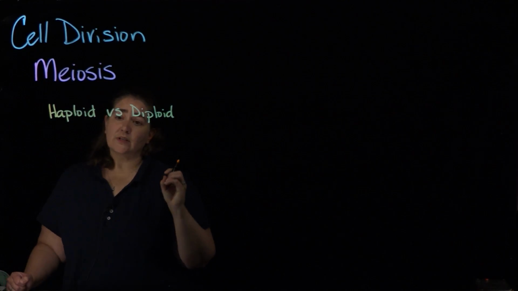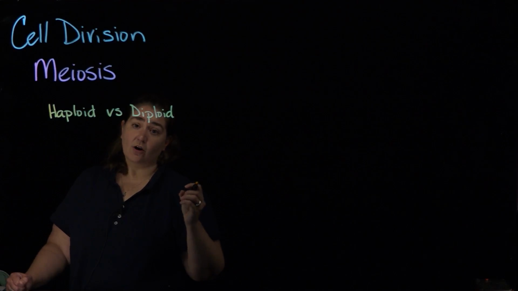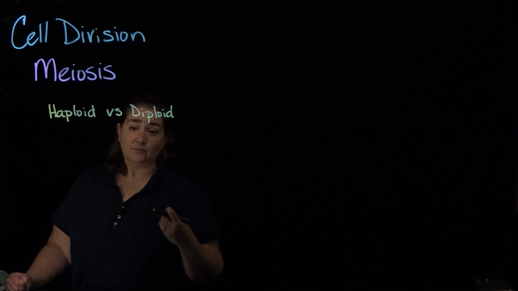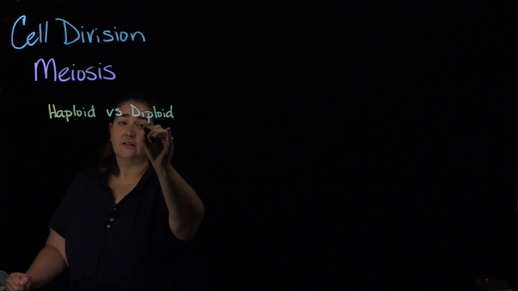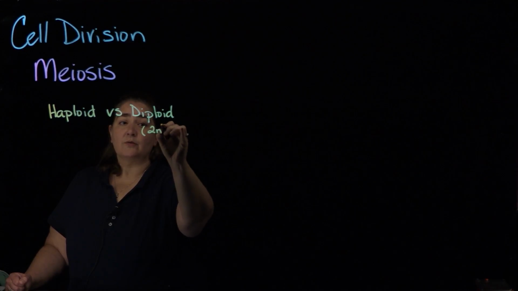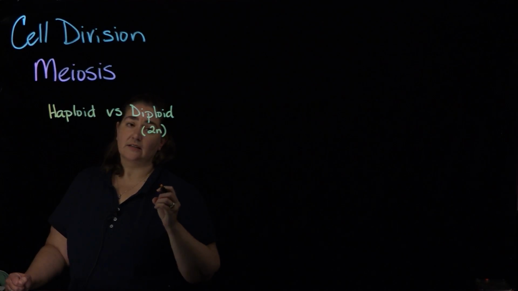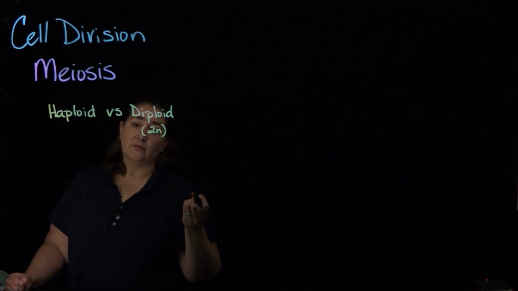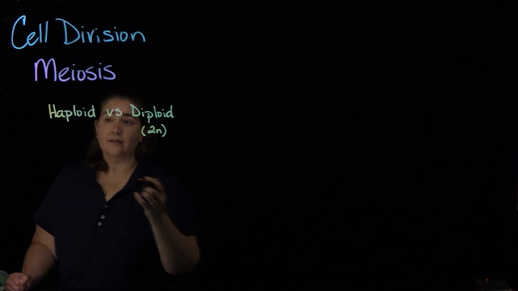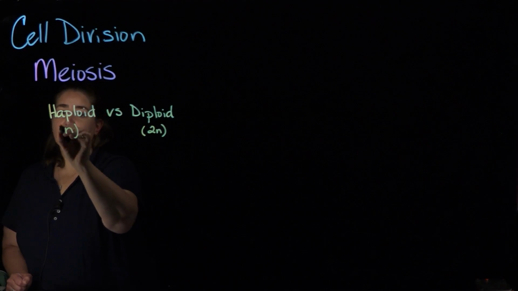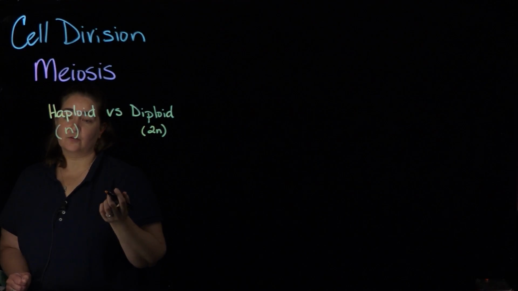What haploid and diploid are addressing is the number of chromosomes that are present in a particular cell. Typically, the way we note that is diploid is 2n, haploid is n.